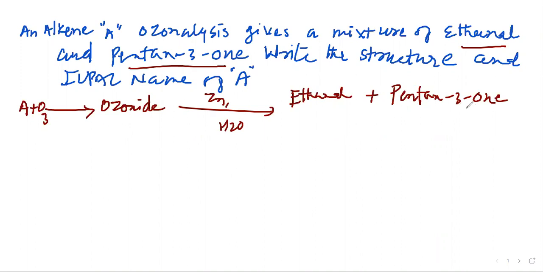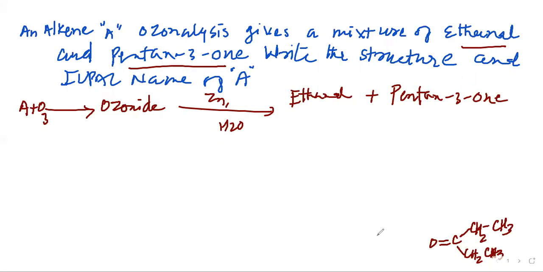Let me first write pentan-3-one. So pentan-3-one is CH3, CH2, C, then it has a double bond O. Then again it has CH2 and CH3. So this is your pentan-3-one, my dear students.